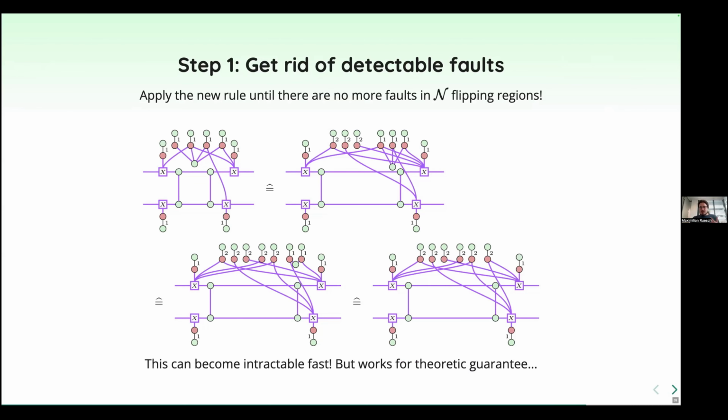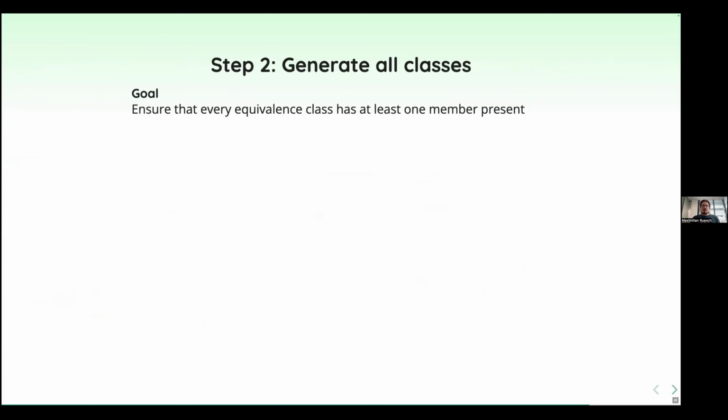The second thing we're trying to do is enumerating all of the equivalence classes that can happen in a noise model. So generating all equivalence classes. In other words, we're trying to ensure that each equivalence class has at least one member of it present in the diagram itself, in the thing that describes a noise model.